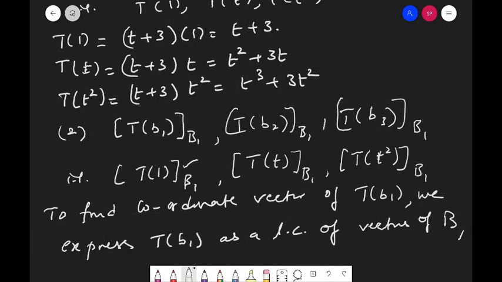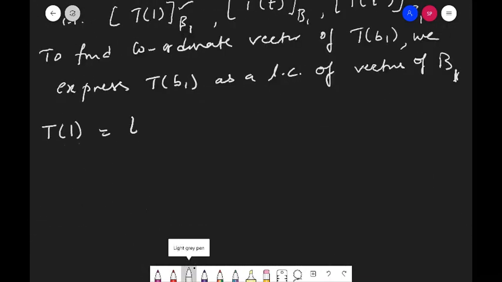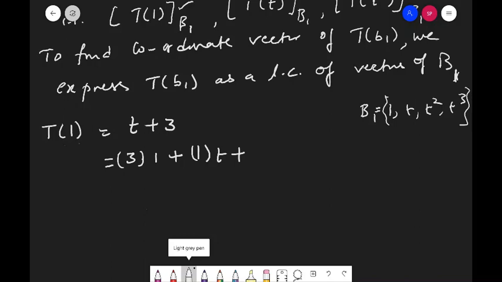So how do I write this? T of 1 is equal to t plus 3. This you should write as a linear combination of 1, t, t square, t cube. These are in B1. So 3 into 1 plus, I have a t term, so 1 into t plus, I don't have a t square term, so I will write 0 into t square.